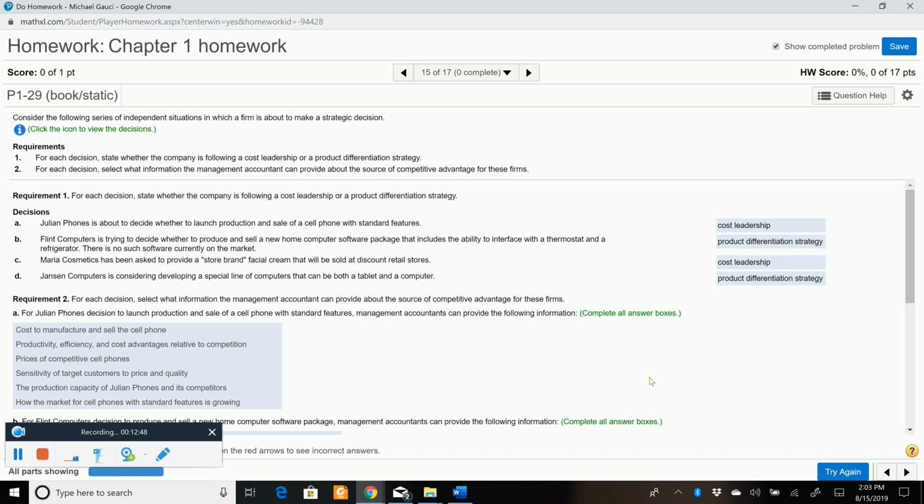I would say probably the better answer here is product differentiation strategy. So hopefully you get a good flavor of cost leadership versus product differentiation strategy. Once again, very important when we are in the research and development stage.